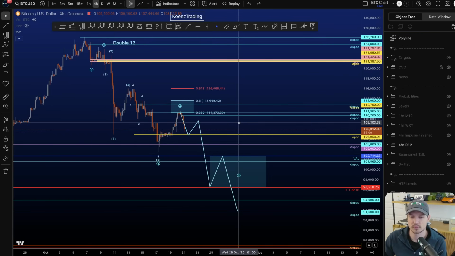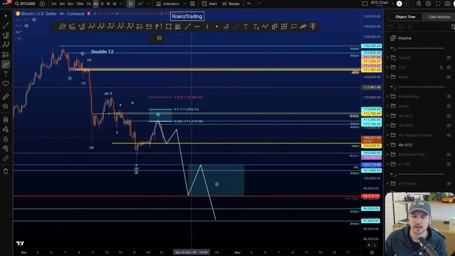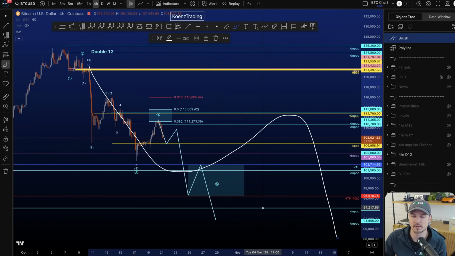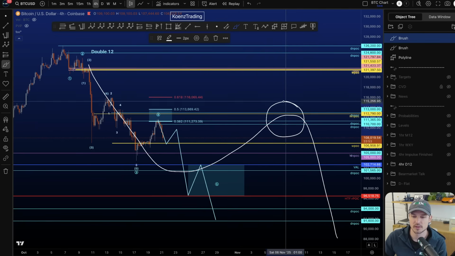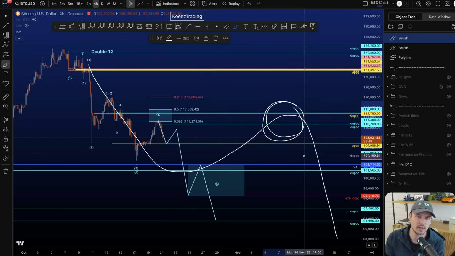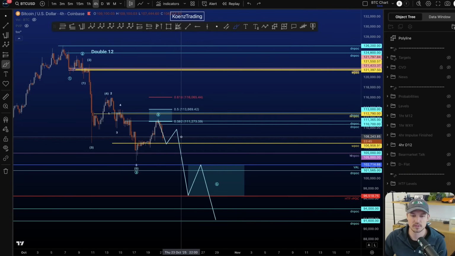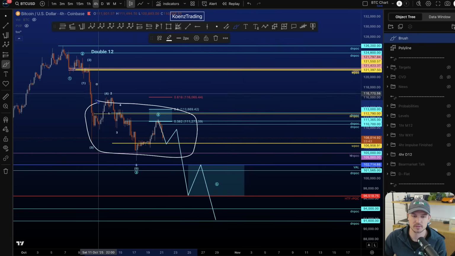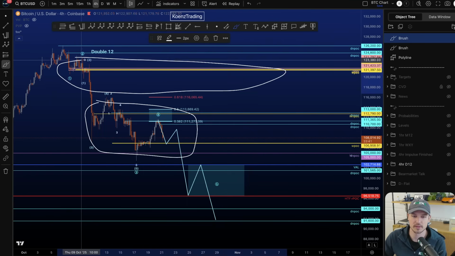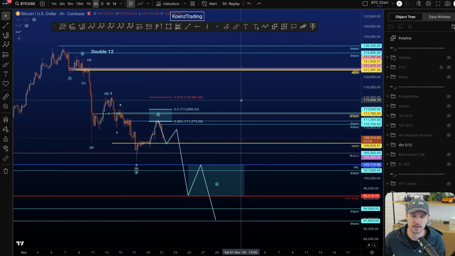Once an impulse is finished, and you expect a 5, a 3, and then eventually continuation in a 5, the 3 wave up generally retraces to either the wave 4 or the wave 2 of a lower degree. So therefore, the wave 4s and wave 2s is going to be the main area of interest for the bears.